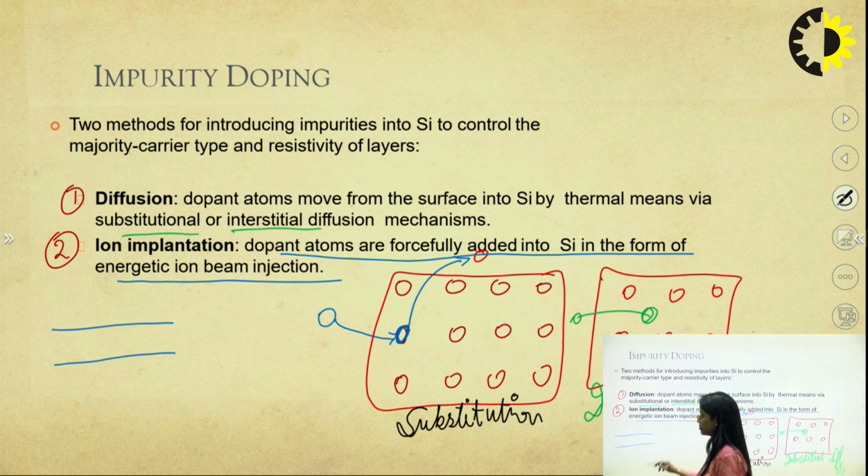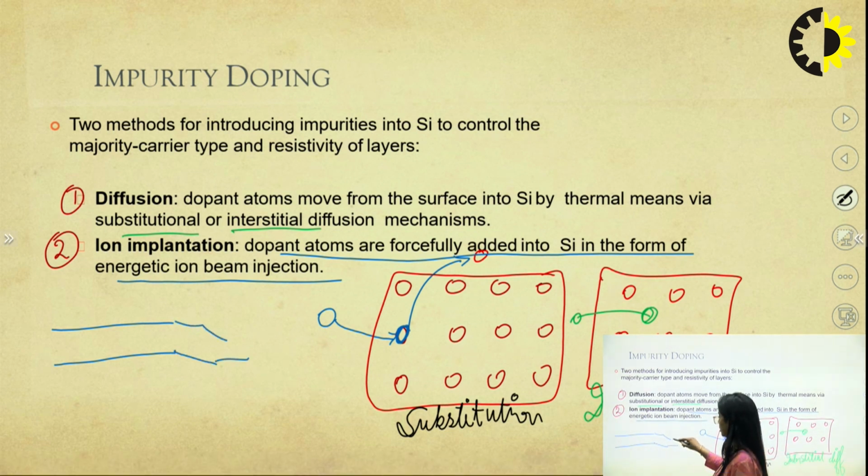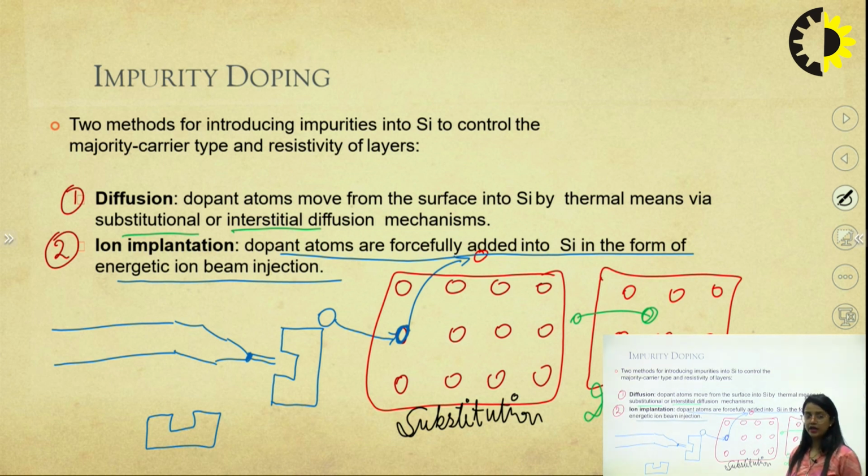I am drawing a rough diagram, and this ion source will have a trunk and it will direct the nozzle directly onto the wafer. Let's say we have a wafer. So this was a wafer like this, we have always seen it like this. I have rotated it, and then this ion implanter will add the ions only at the particular site where we need it.